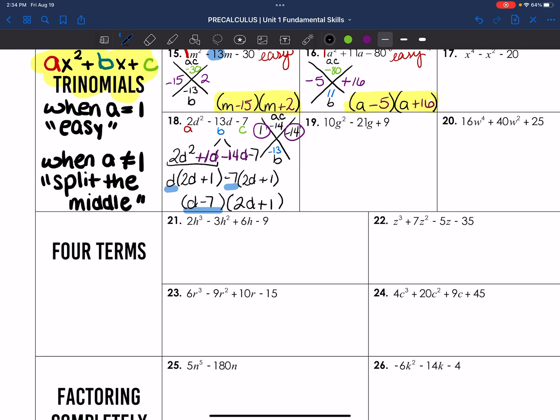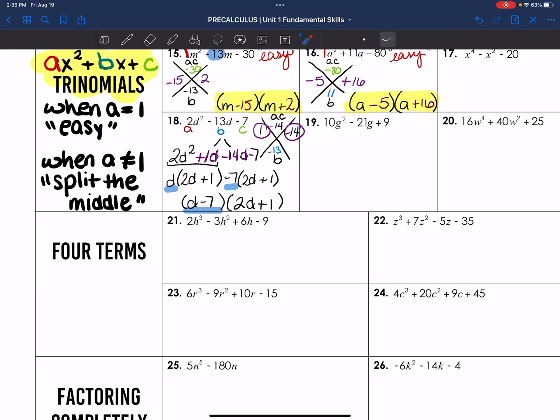So instead of saying D times 2D plus 1 and negative 7 times 2D plus 1, we can just say D minus 7 times that binomial. So that is when you're working with trinomials of the form ax squared plus bx plus c, where your a is not equal to 1.